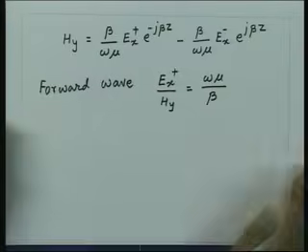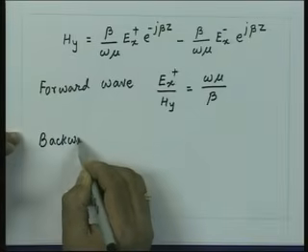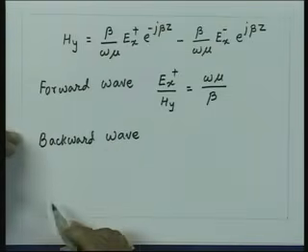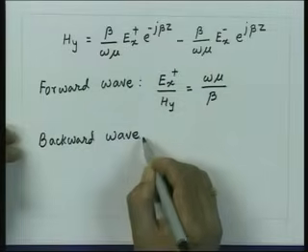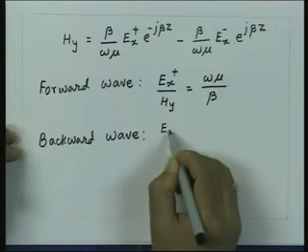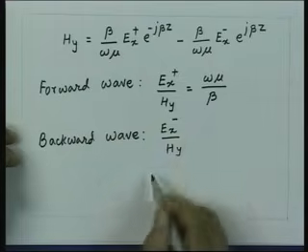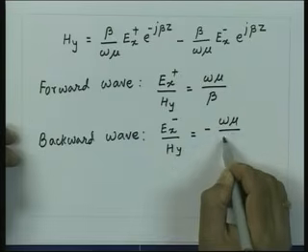And for a backward wave which is given by this term, the ratio of Ex minus by Hy will be equal to minus omega mu upon beta.